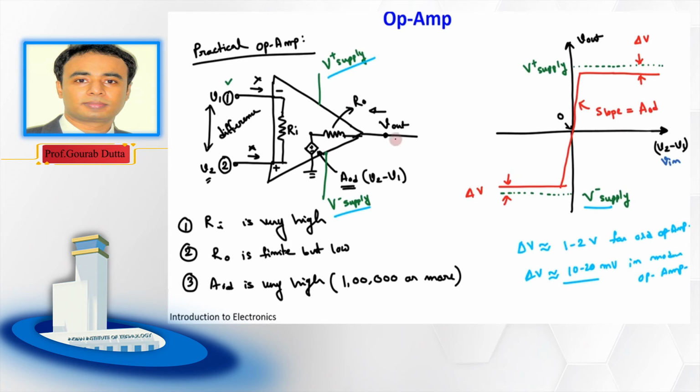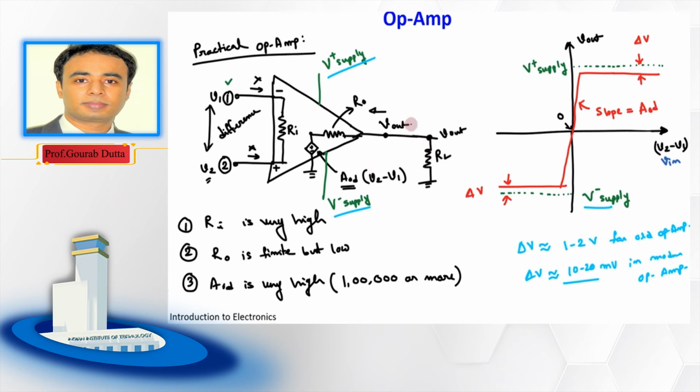Now here one more point. Suppose the output of this op amp is driving another op amp or some other circuit. So if it is driving another op amp, then we also have an output load, which is nothing but this RL. So this is this V out, right?